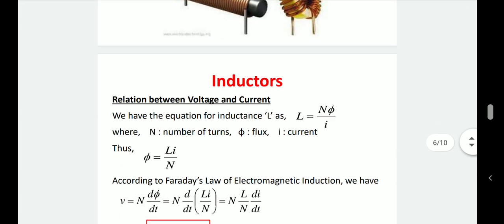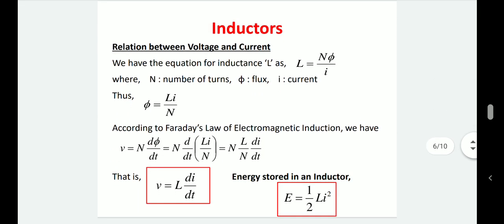Then next is the relation between voltage and current in an inductor. In plus 2 we have already studied this equation for inductance: L is equal to N phi divided by I, where N is the number of turns of the coil, phi is the flux, and I is the current.